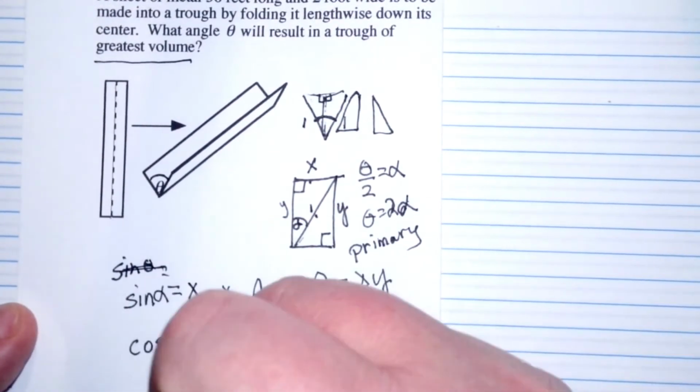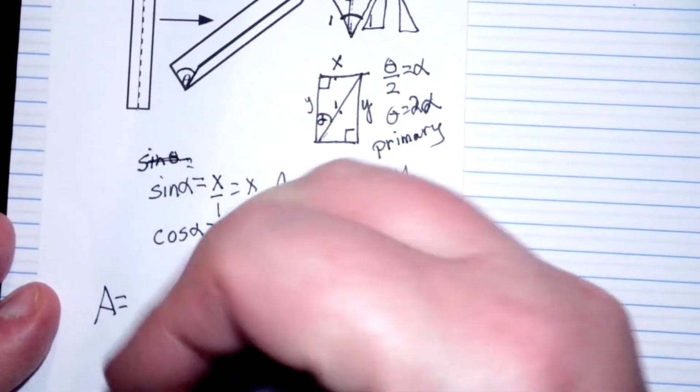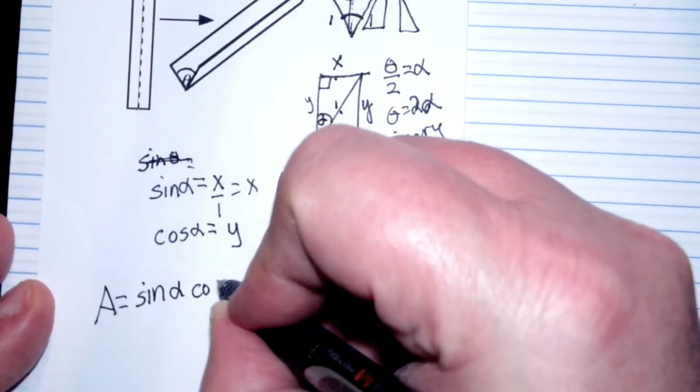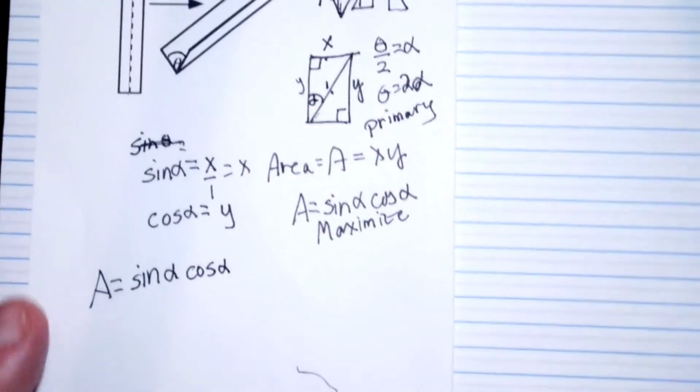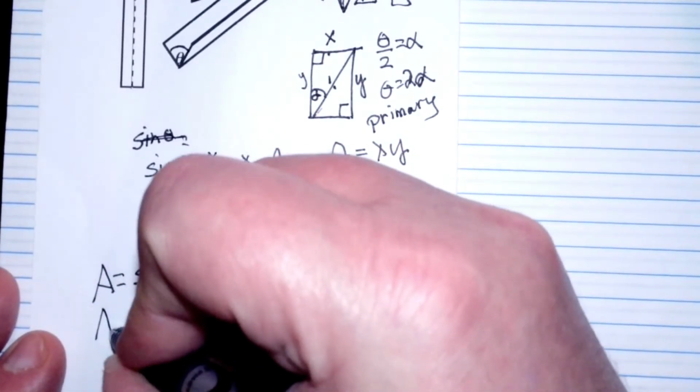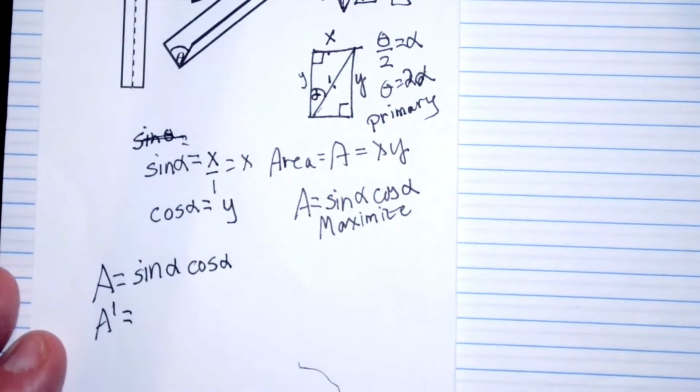Alright, so A is sine alpha cosine alpha, so that means A prime will be found using the product rule.